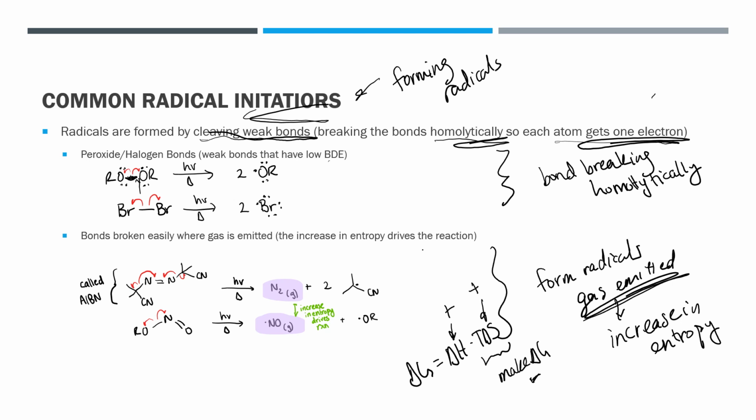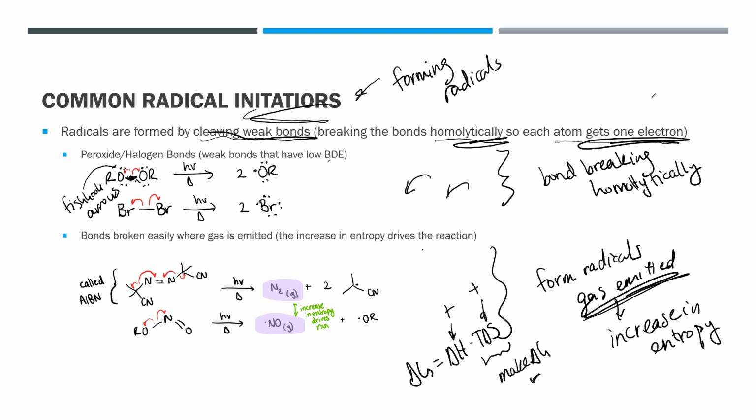So I'm going to just write here, our red arrows are fishhook arrows. And what fishhook arrows mean is that they're not double-headed. They're instead with one head, and that denotes the movement of one electron.